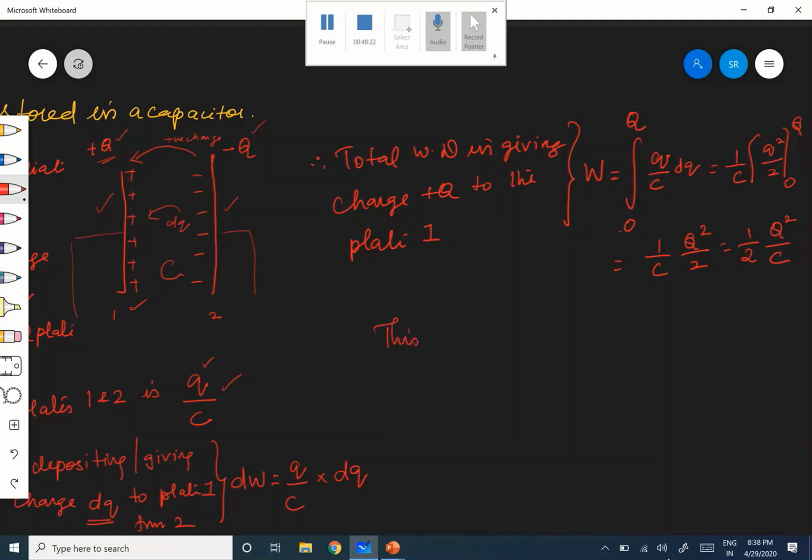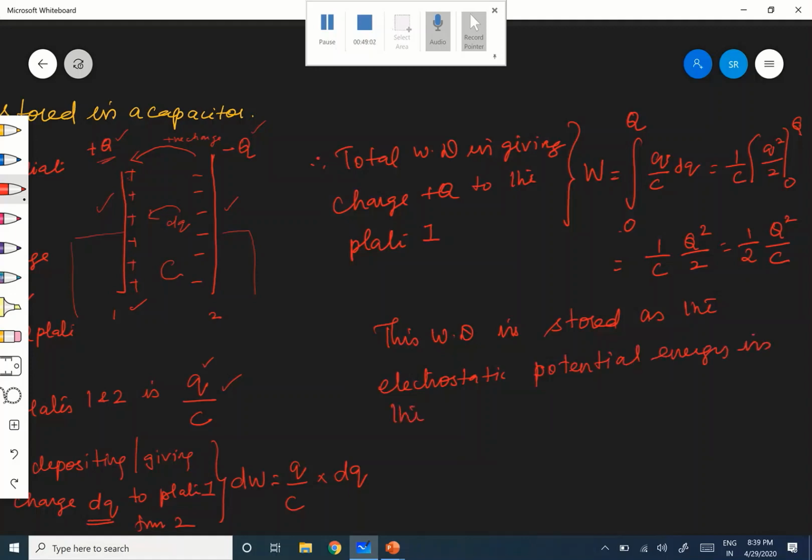And this work done, you can say, is stored as what? Potential energy. That is electrostatic potential energy in the capacitor.